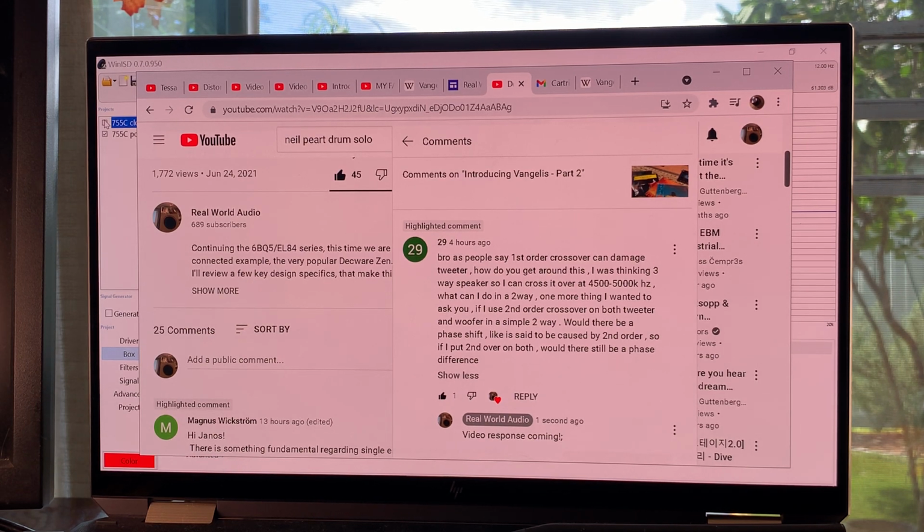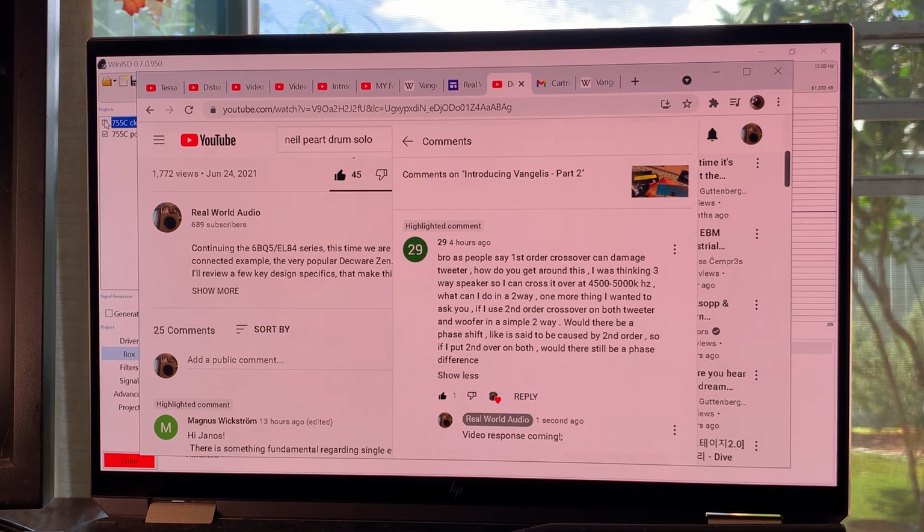Because if you go lower than where the tweeter was designed to work, it's going to give you breakup modes. It's going to give you nastiness in the sound, and the transition region between your tweeter and your mid-range or woofer will have nasties in it. It will sound pretty bad. So if the datasheet says second order, then use second order with that tweeter.